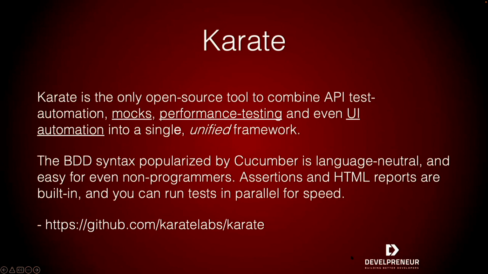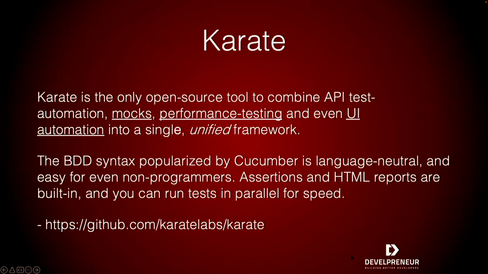Next, we have Karate. And Karate is another domain-specific language. Karate is an open source tool to combine API test automation, mocks, performance testing, and UI automation into a single unified framework. One of the things about Karate is that it is built on the BDD syntax of Cucumber.